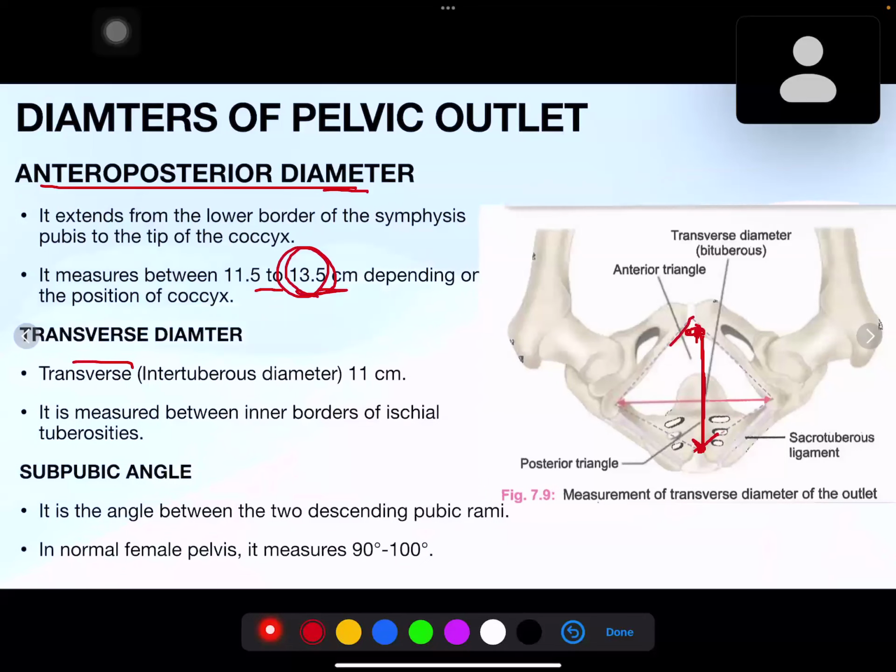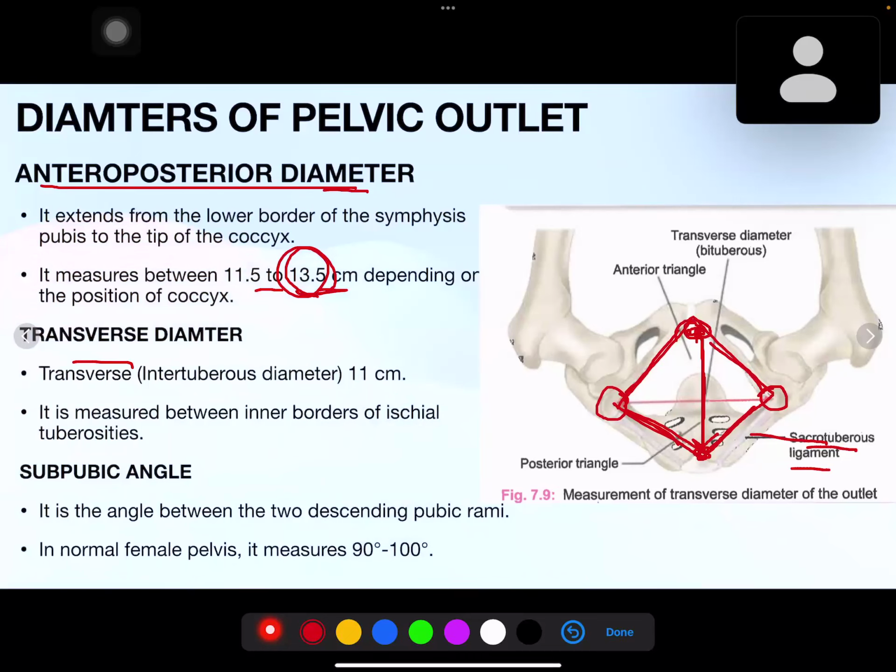Because of this outlet, we discussed the boundaries previously, and you can revise. Posteriorly is the coccyx, posterolaterally the sacrotuberous ligament, laterally the ischial tuberosities, and anteriorly the ischiopubic rami and the pubic symphysis.